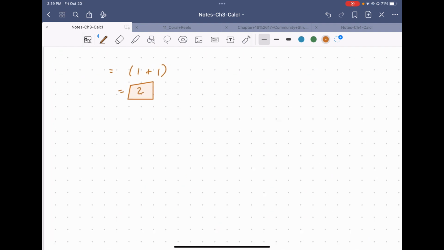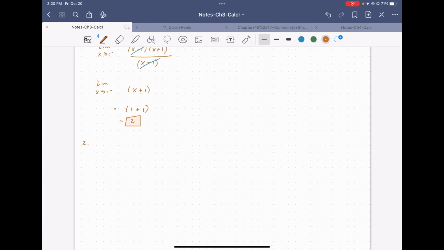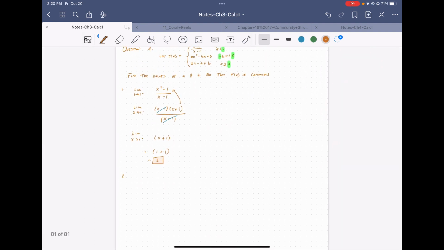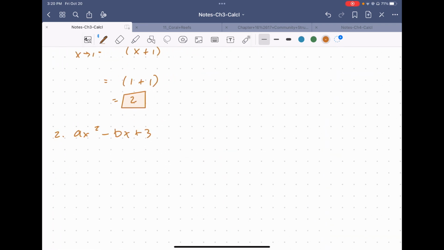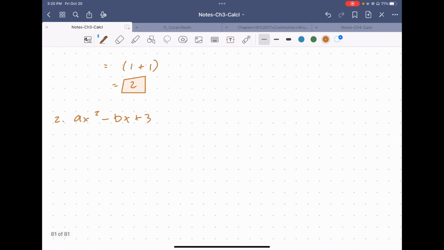So we're going to label this step number 2, and our equation is ax squared minus bx plus 3, and we need the right limit of that. That's the 1.